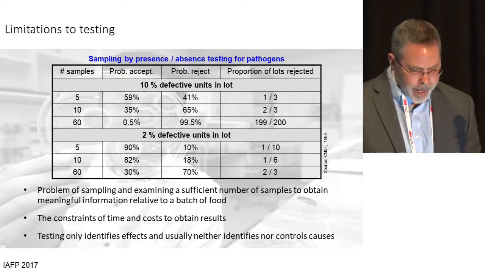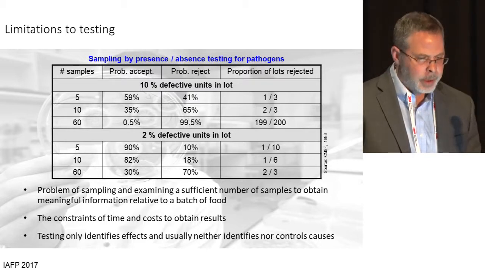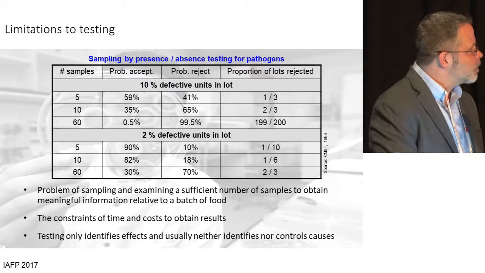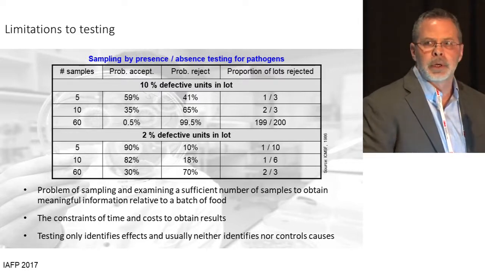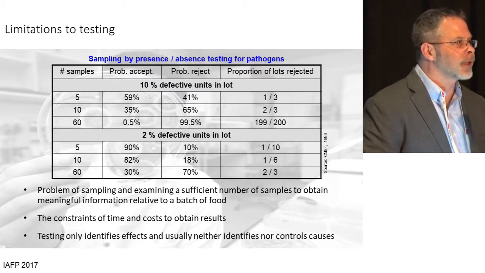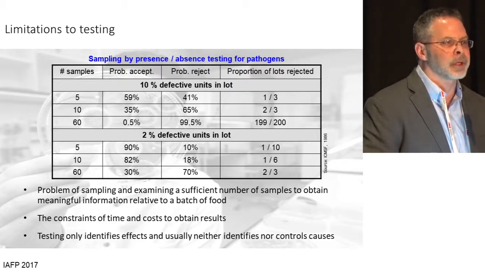But as a food safety manager, if I'm looking at a criterion like this, I'm not trying to manage to where only 5 samples in my lot are positive. I have to manage it so every time the lot is sampled, you do not find the pathogen in my lot.